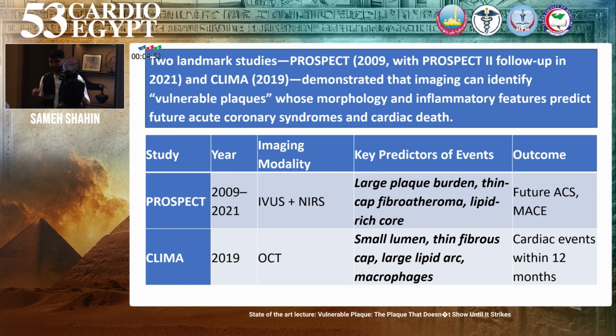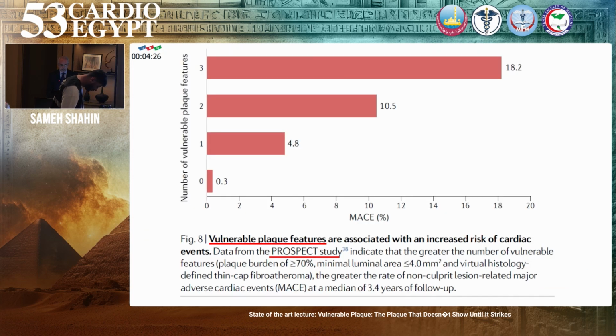So again, they proved that such criteria are very much predictive of cardiac events within the next 12 months. So now we have firm evidence that by using such criteria, at least in invasive modalities, if we follow the patients, we can prove that such criteria can diagnose a patient with high-risk vulnerable plaques.